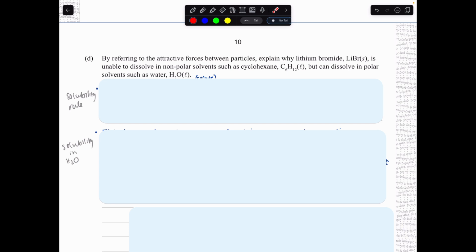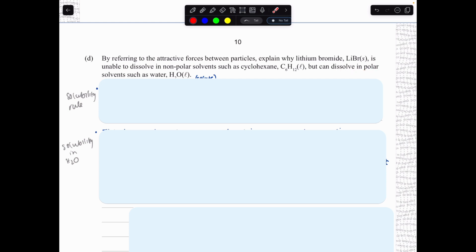D. By referring to the attractive forces between particles, explain why lithium bromide is unable to dissolve in non-polar solvents such as cyclohexane. That's kind of them to tell us that cyclohexane is non-polar, but can dissolve in polar solvents such as water.